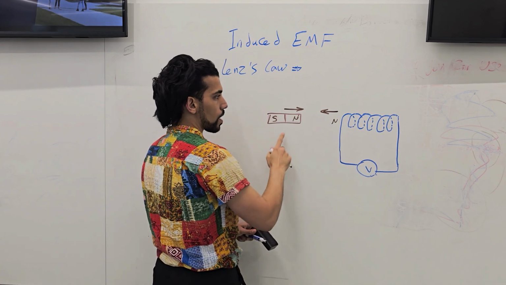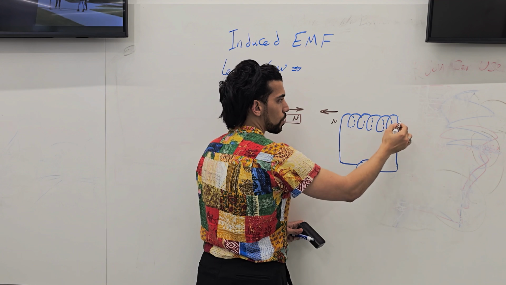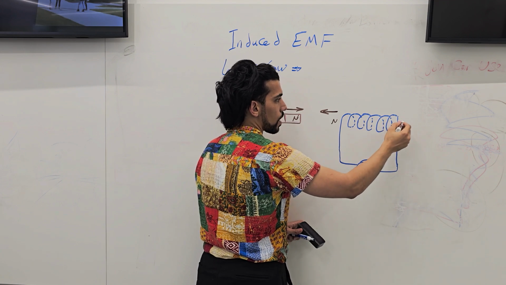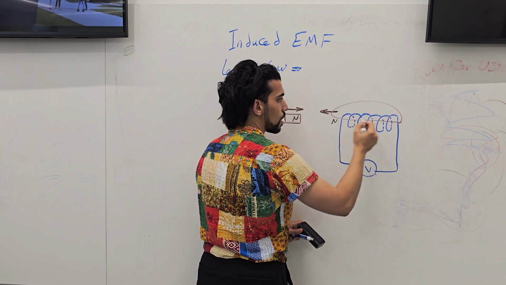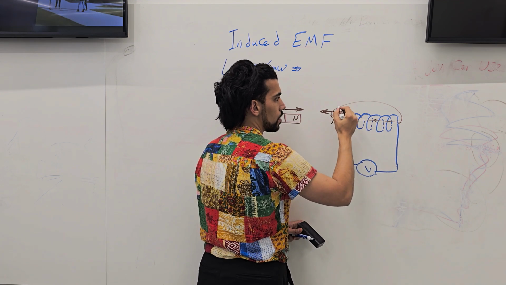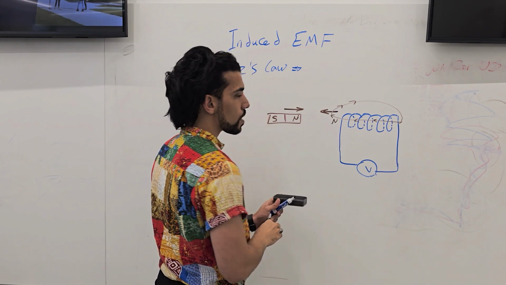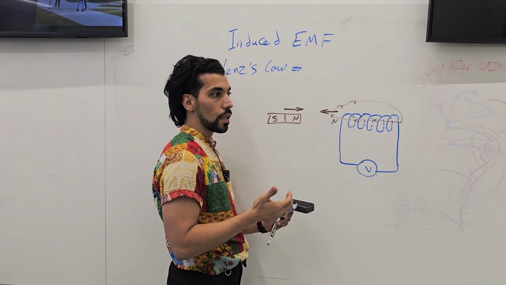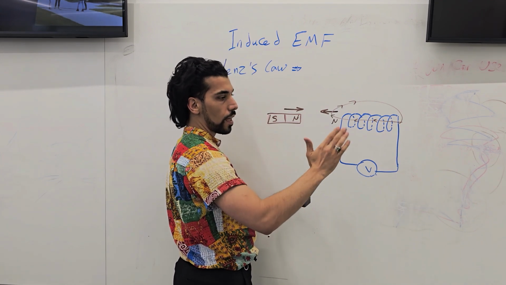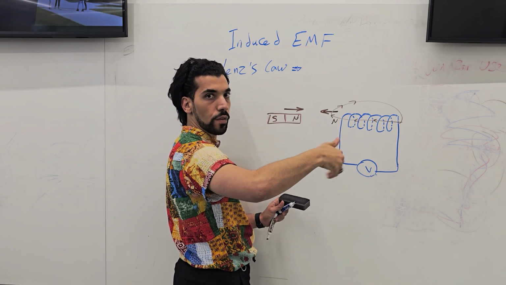Okay? So in this case we need to create a magnetic field that is moving in here. From the right hand rule, we can make our hand curl in the direction of the magnetic field.